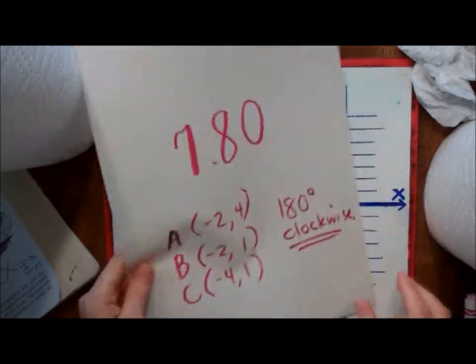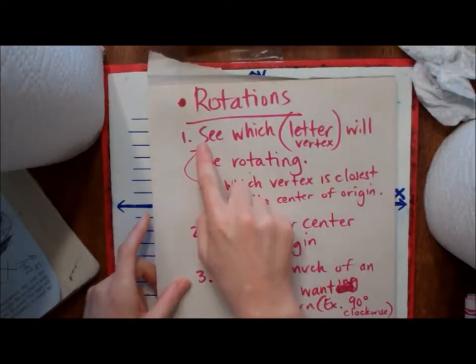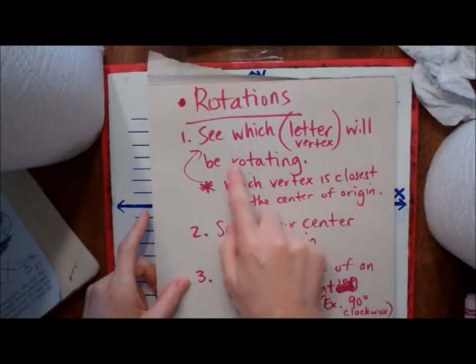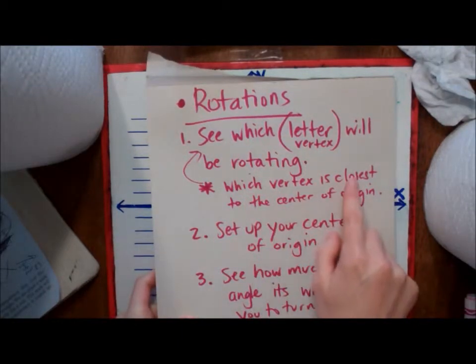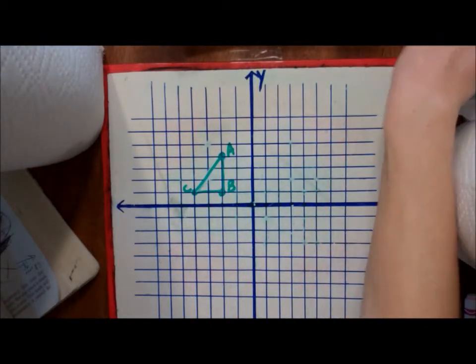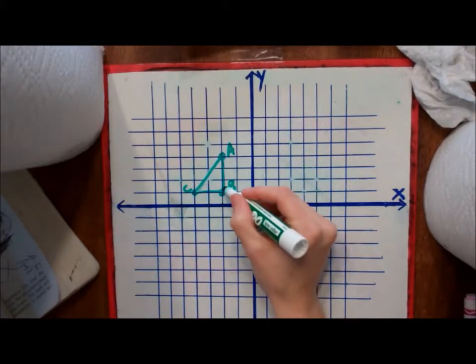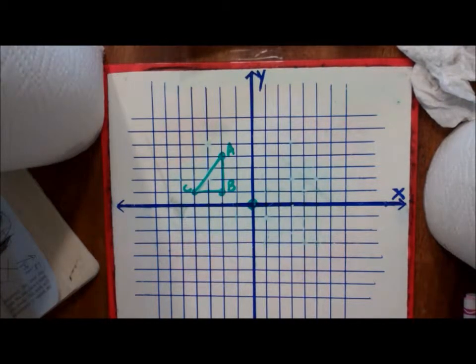The first thing you need to do is to see which letter or vertex will be rotating, and it's the one that's closest to the center of origin. Okay, which of these is closest to my center of origin? Here's my center of origin. Which one is closest? Hopefully you know that it is B. Okay, and you are exactly right.